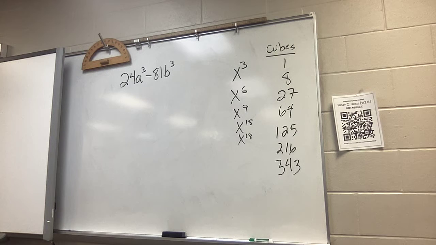First of all, let's make sure they're not squares, because the squares are easier. Is 24 a square? 25 is a square, but 24 is not a square. Okay. Is 24 a cube? It's not.